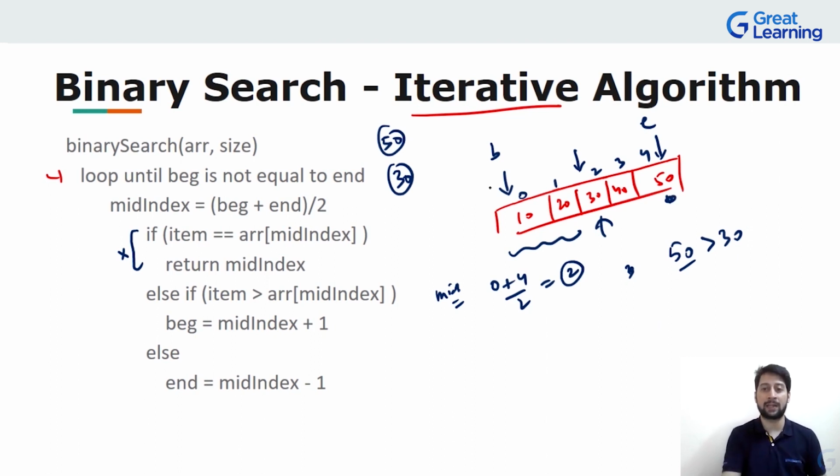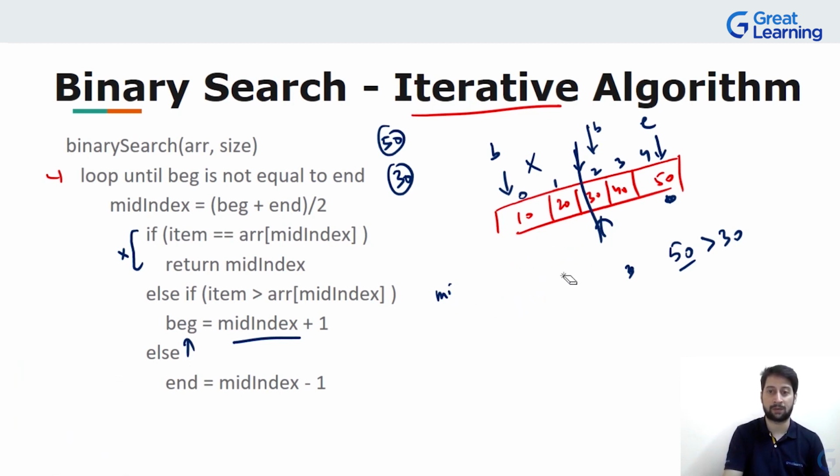So there is no point that it will be on this side. So we will skip, or neglect, this half portion of the array. That is why our new beginning is updated. It will be the middle index plus 1, that is, the middle index was 2, plus 1, so this will be our new beginning. So we have smartly skipped the half portion of the array.